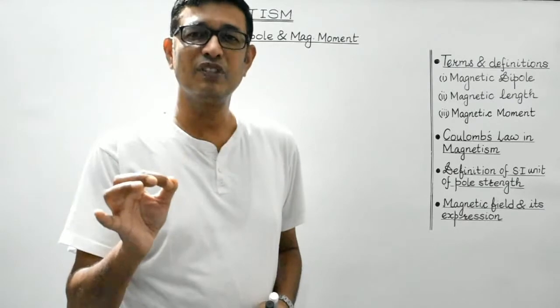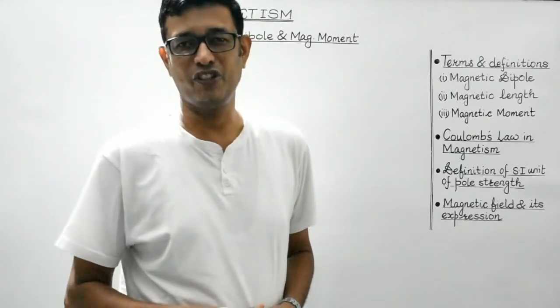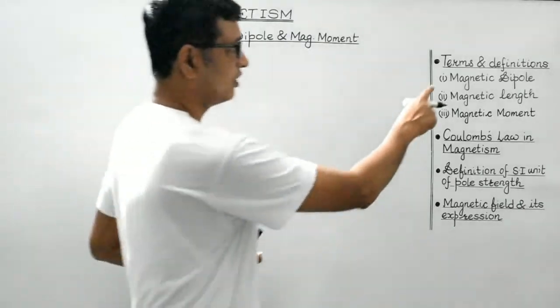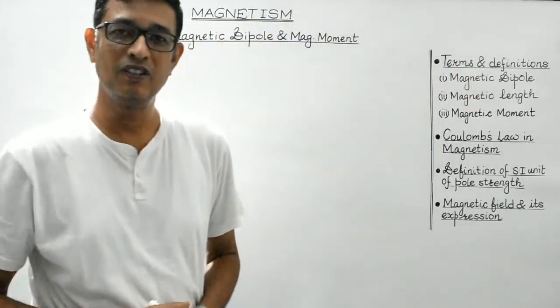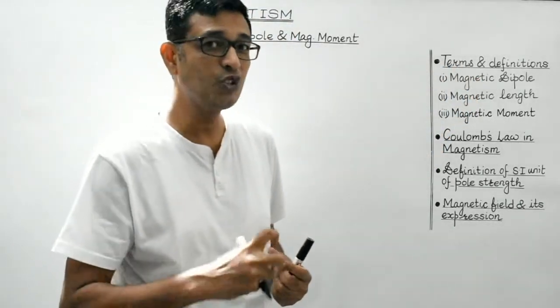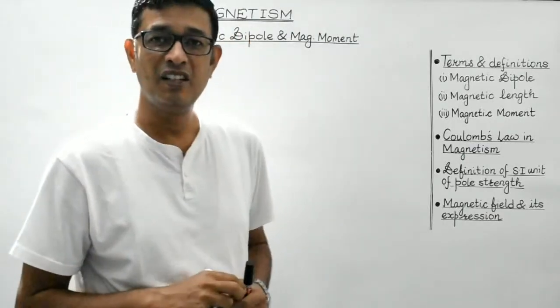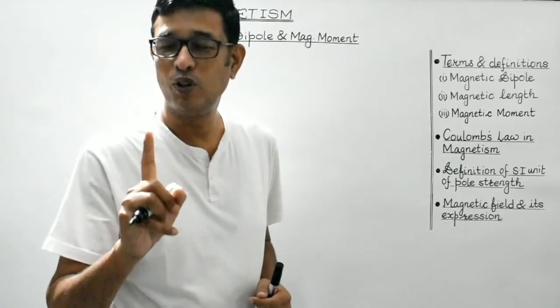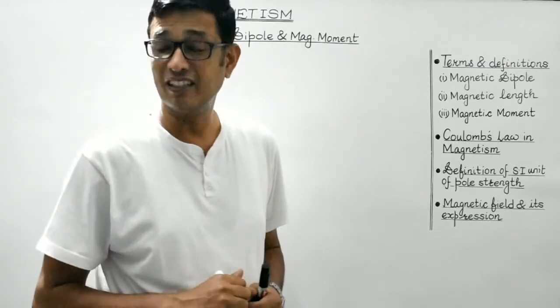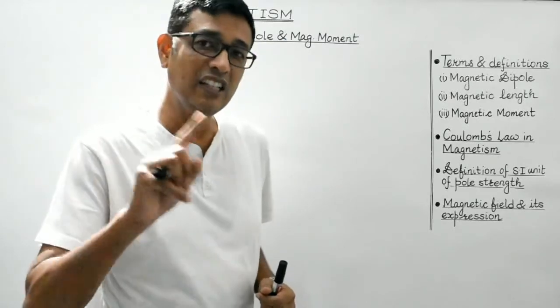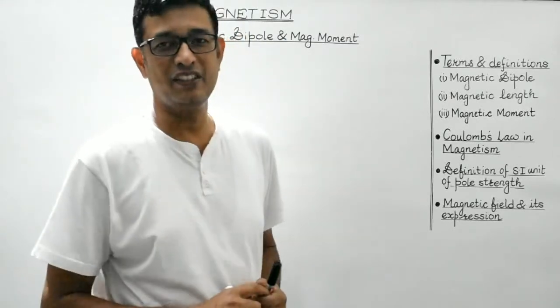So let's start with some terms and definitions, right? First and foremost, we will start with magnetic dipole. Dipole means having two poles. Now look students, as we have discussed, magnetic monopoles do not exist. That is, magnetic poles always exist in equal and opposite pairs.